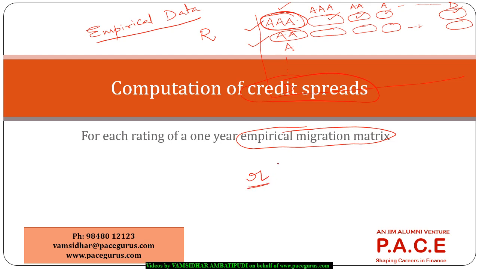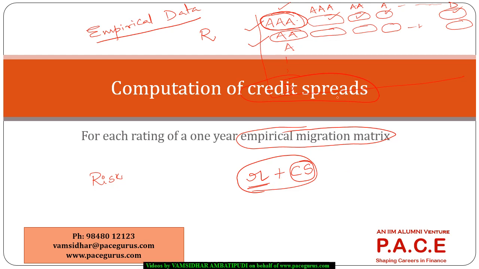Now credit spread is saying, as the risk of default of a particular firm increases, the expected return you are expecting from that firm is also higher. As the risk of the firm increases, if you have to lend to that firm, you would prefer charging a higher rate of return, and that higher rate of return comes from the credit spread.